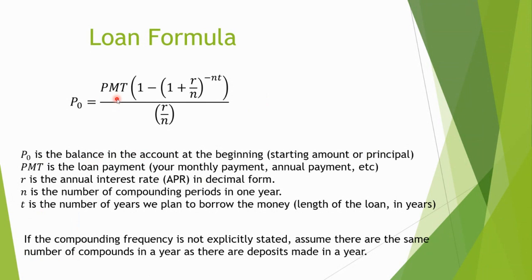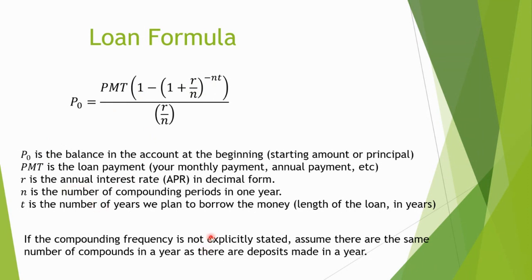It's the annual payment if we're making yearly payments, and so on and so forth. R is the APR, the annual interest rate, that is. N is how many compounding periods there are in a year. And T is how many years this is going on, the length of time in years, in other words.